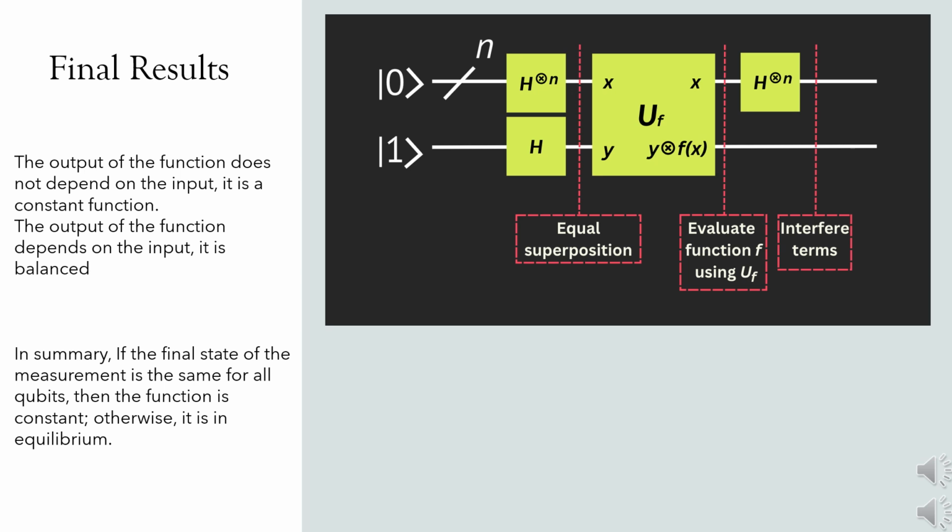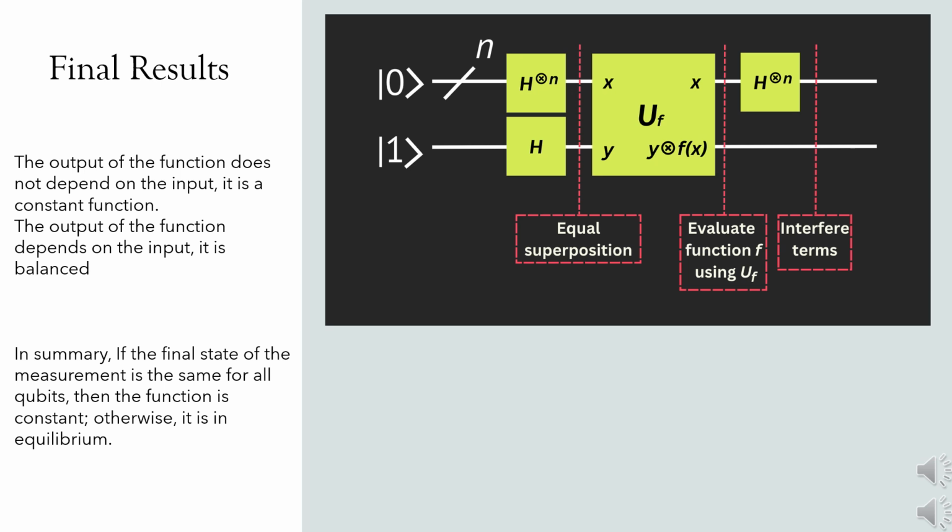As for how to tell whether the oracle is constant or balanced, after applying the oracle, the final Hadamard gate converts the superposition state into a form that can clearly distinguish between constant and balanced functions. If the function is constant, the quantum state collapses to 0, 0, 0, indicating that all inputs produce the same output.